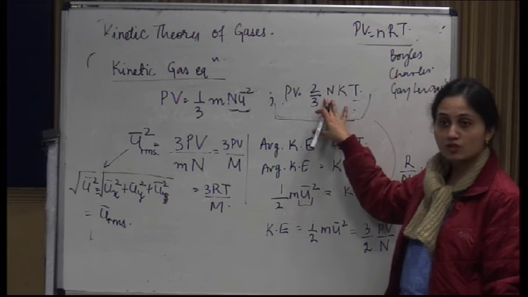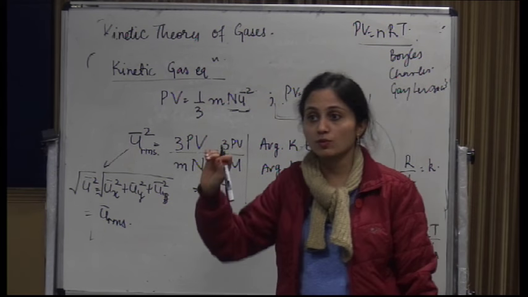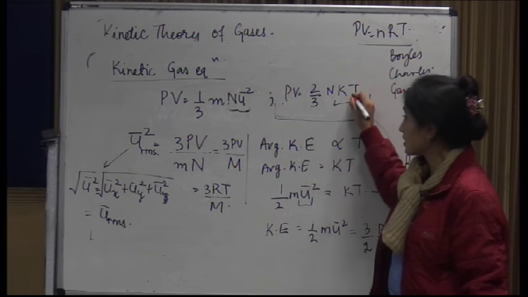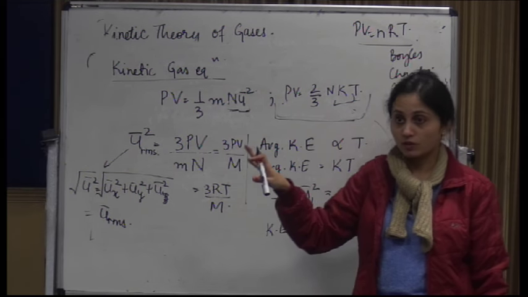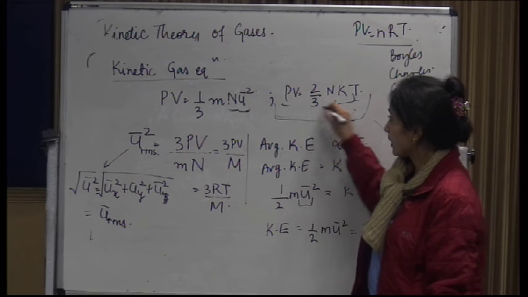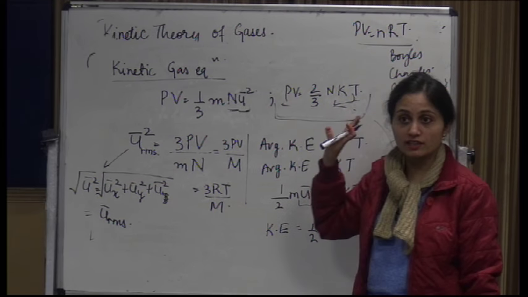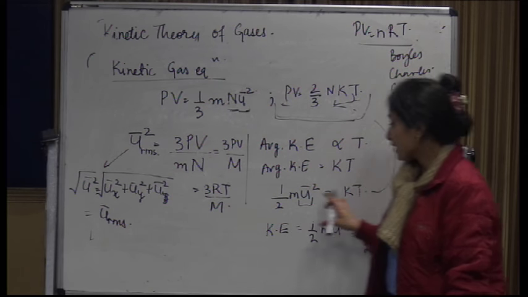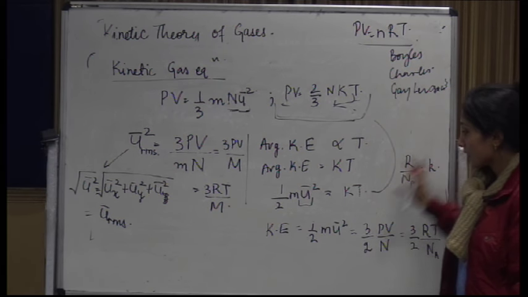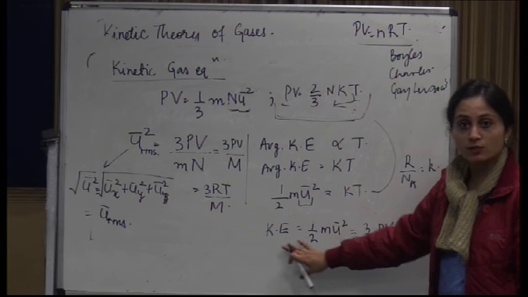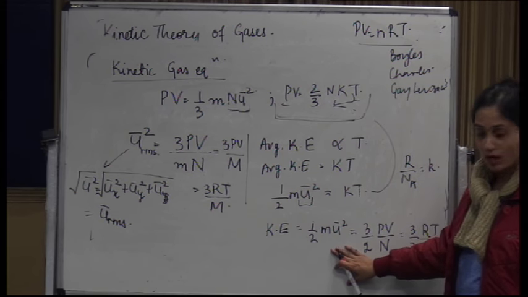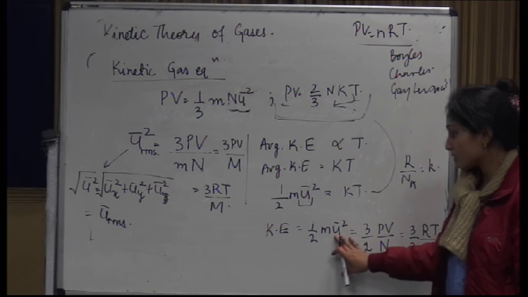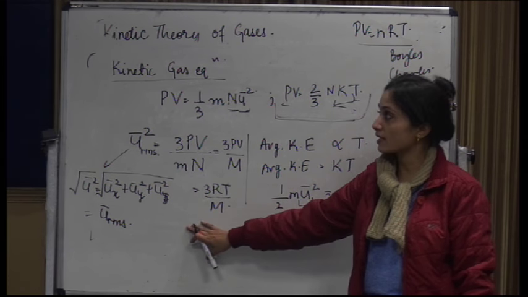Using this expression we get another expression, that is PV is equal to 2 by 3 nKT, where K is just a simple constant. And here we can then apply the different rules and check that even this is followed by all ideal gases. Next, after that, we have kinetic energy is equal to half mu bar square, and I now know that I can replace my u bar square from my kinetic gas equation.